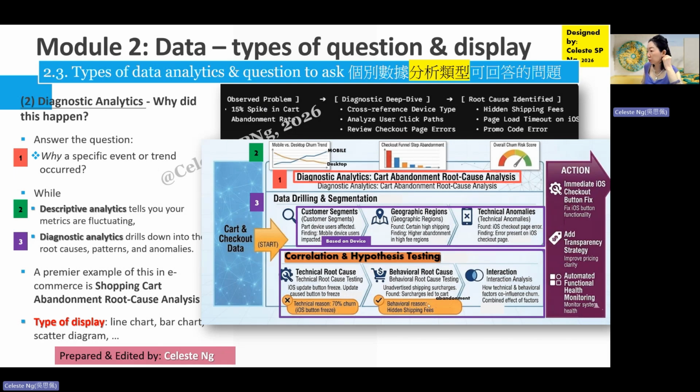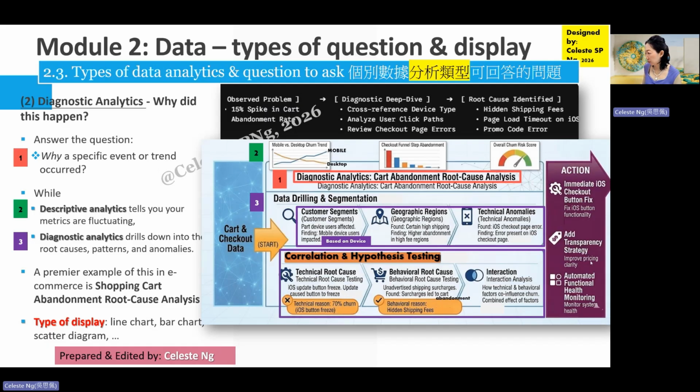And with respect to the second root cause of the cart abandonment, which leads to possible churn, the action would be to add transparency in the pricing strategy. It means the pricing must be made transparent to the customer.